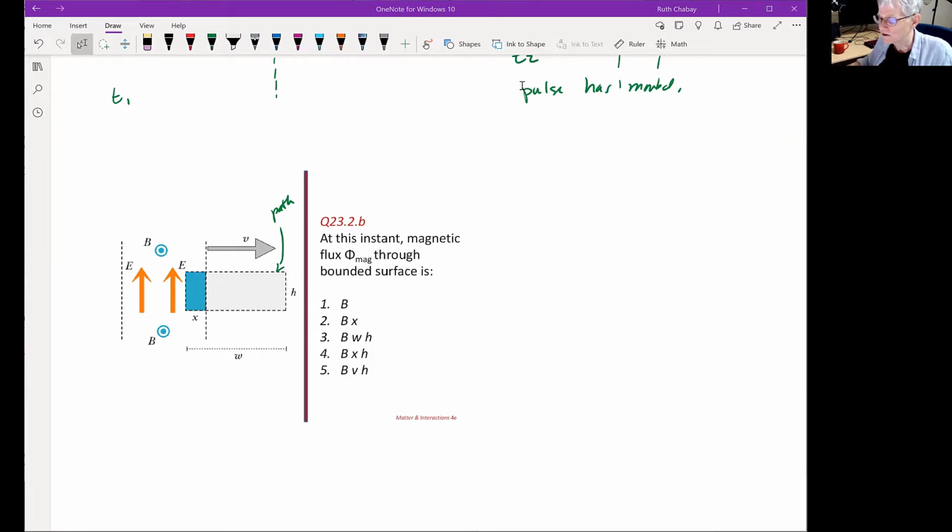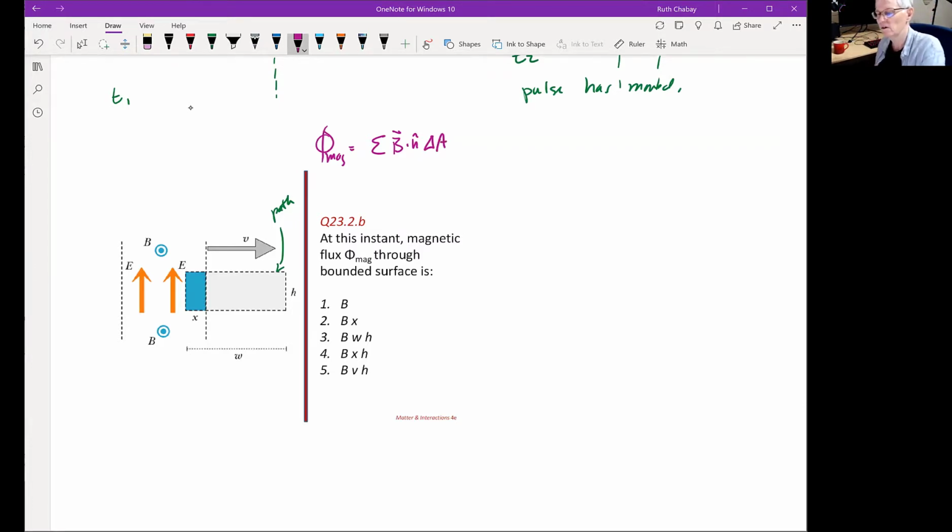We've cleverly arranged things so that the magnetic field is perpendicular to the path. So what's magnetic flux? Remember that magnetic flux is the sum of B dot n hat times the area, right?